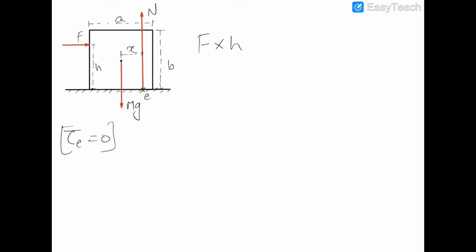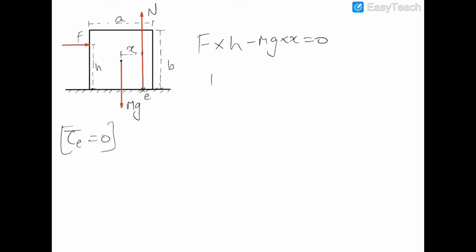is the torque of F, and this torque is in the clockwise sense, and the torque of normal reaction will be 0 because it is itself passing through this point E, while the torque of mg would be in the anti-clockwise sense, and it would be mg into x. So minus mg into x, and that would be equal to 0.